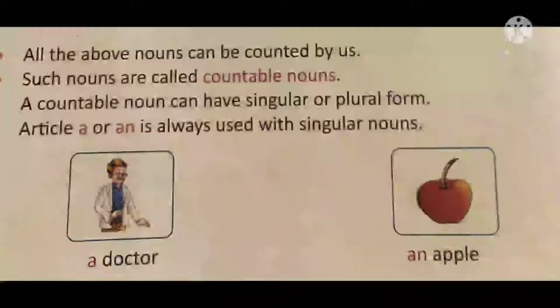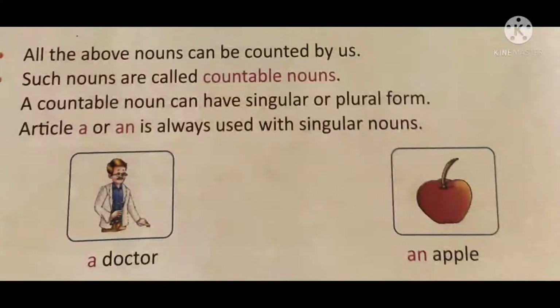A or an is always used with singular nouns. So for denoting singular nouns, we have to use a or an. In the case of a vowel sound, we use an, and for a consonant sound, we use a.